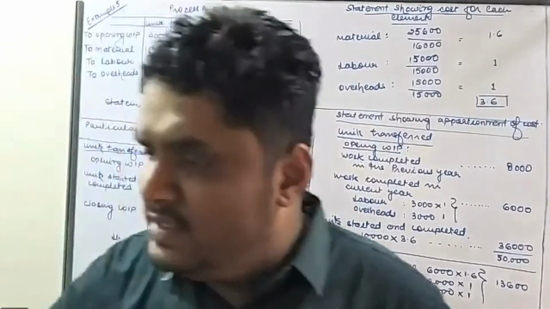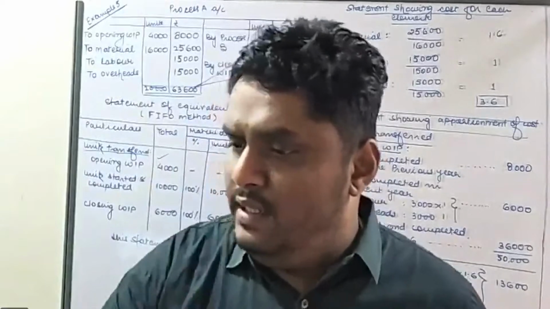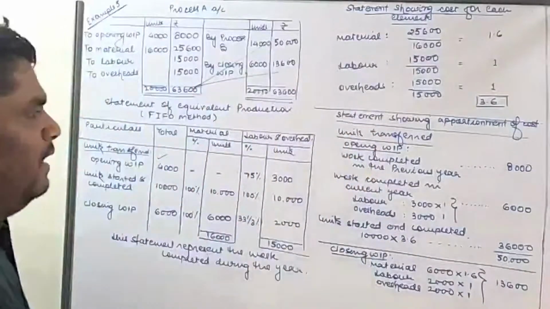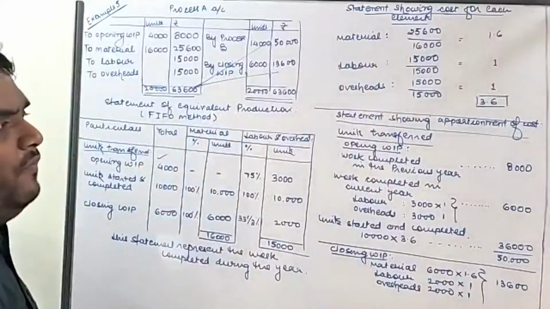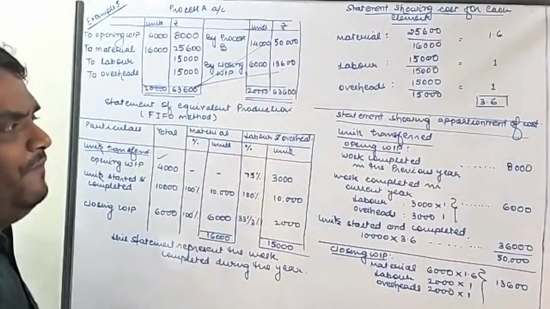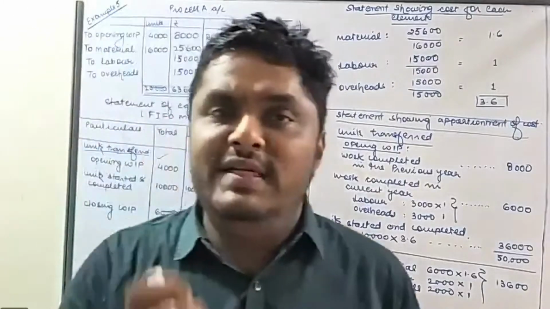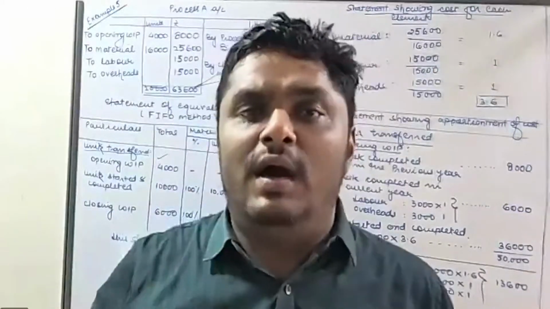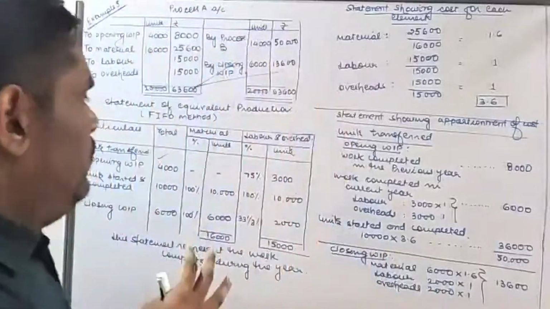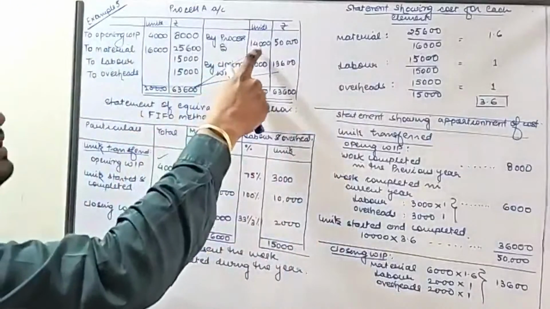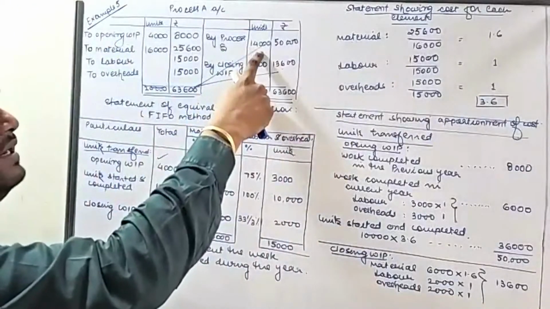So let's summarize, requested by Miss Dharani. So see, when talking about the statement of equivalent production, we are following FIFO method. FIFO method says first in, first out. So when talking about the units that are transferred, 14,000 units are transferred.